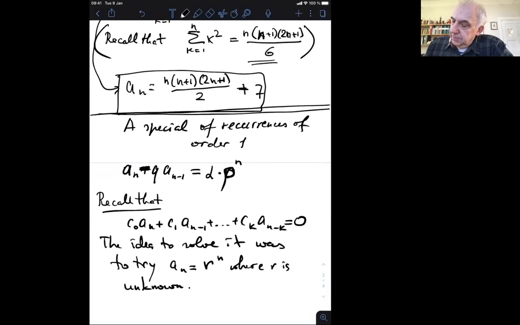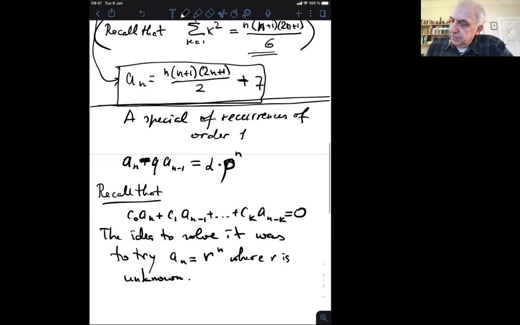If we do this substitution, we get a characteristic algebraic equation for r: c_0 r^k plus c_1 r^{k-1} plus and so on plus c_k equals 0.